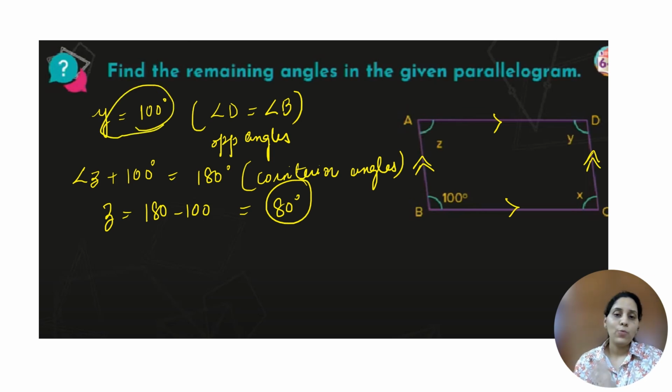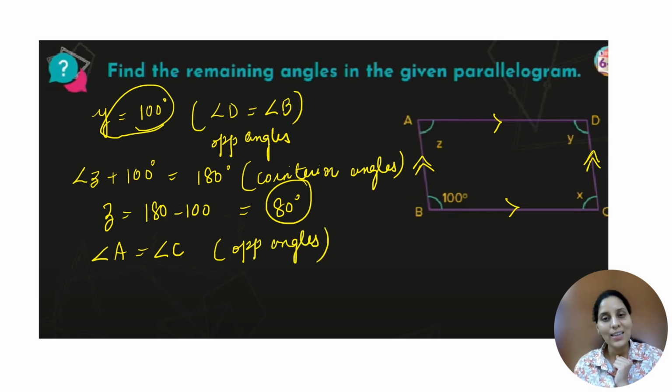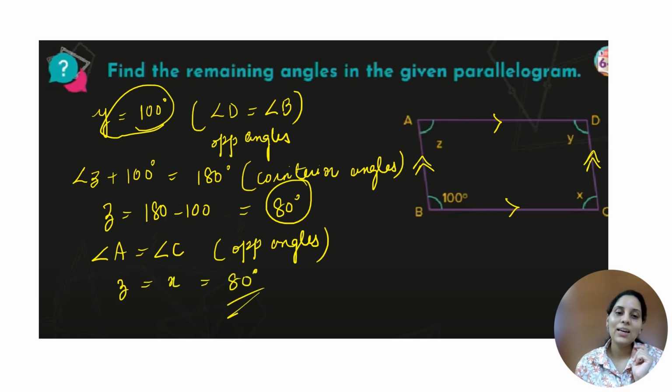Now we are left with x. Angle A and angle C are equal, because again opposite angles of a parallelogram are always equal. So angle A is Z, which is equal to x. If Z is 80, x will also be 80 degrees. It is only applying the properties and you will be there.